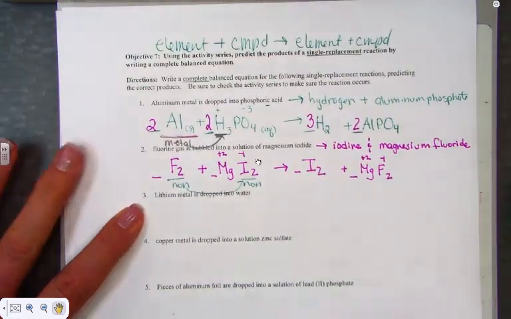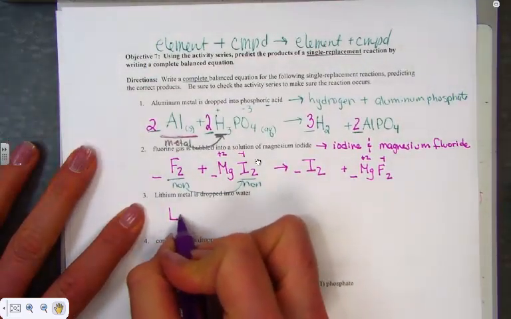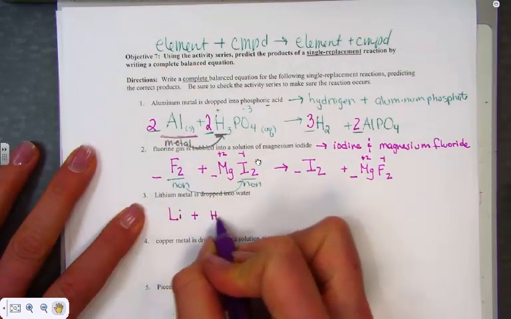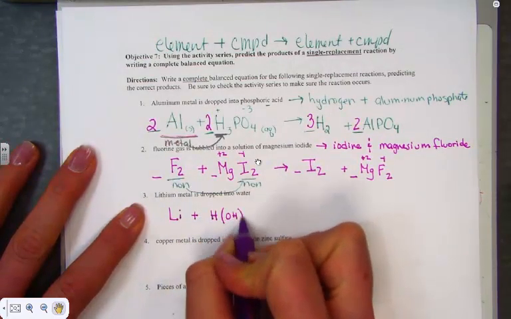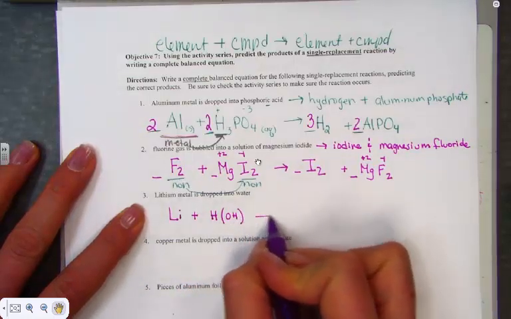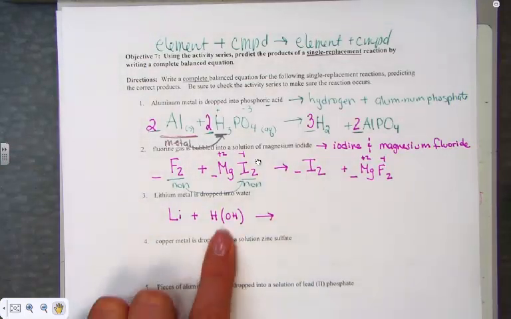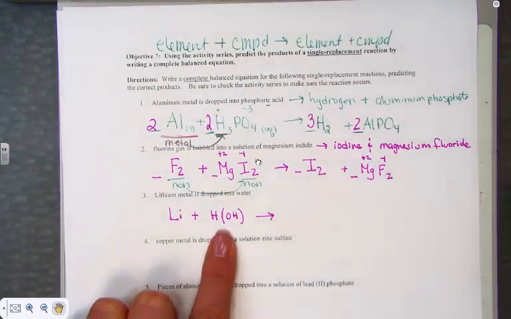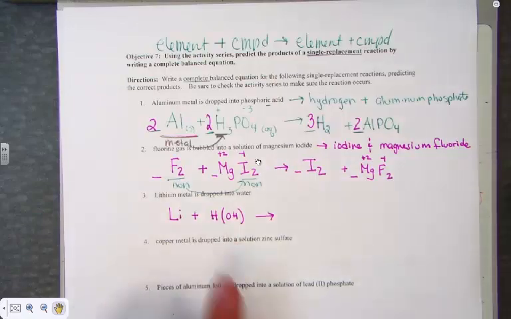When lithium is dropped into water, remember our trick for water? I like to write water as HOH, hydrogen hydroxide. Oh, it's still H2O, just written in a way that helps us predict the products. I like water as HOH, not only for singles, but also for double displacements.